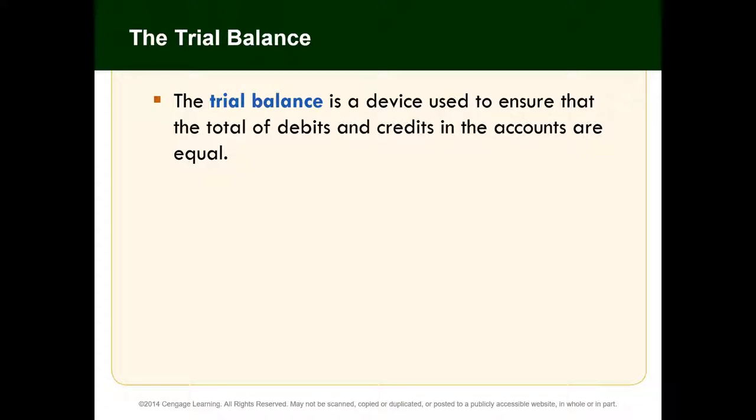Liabilities, revenues, and capital should be on the right side, the credit. Assets, expenses, and withdrawals should always be on the left side. Okay, so that's the trial balance.